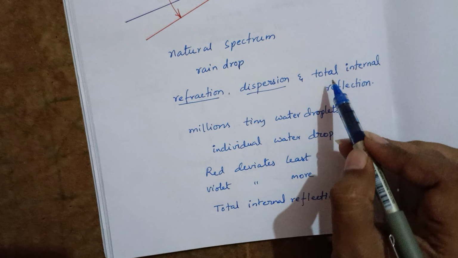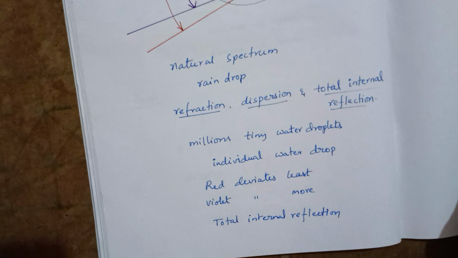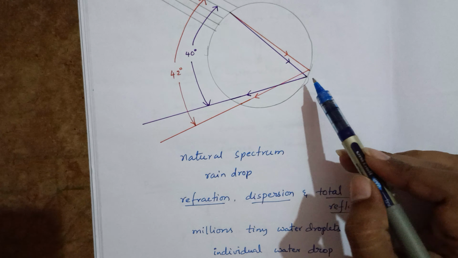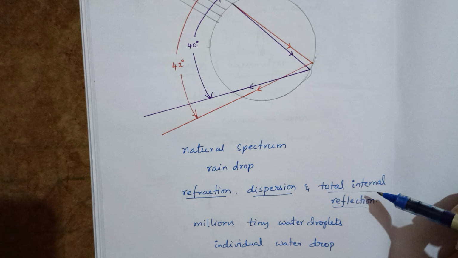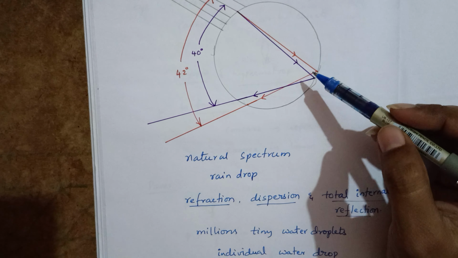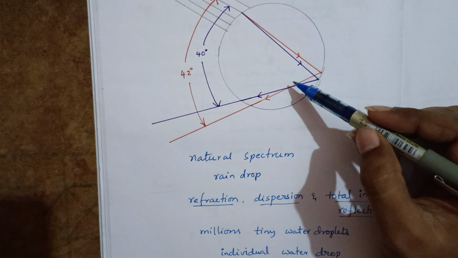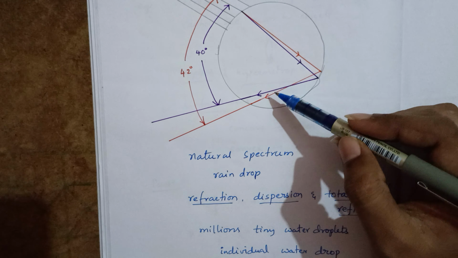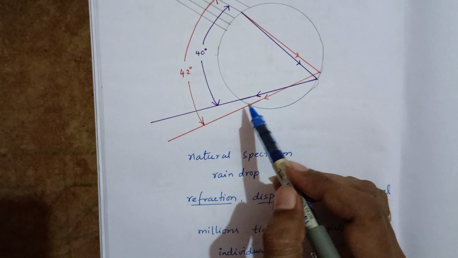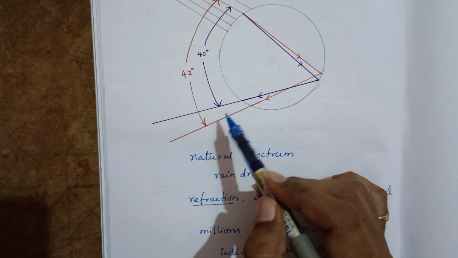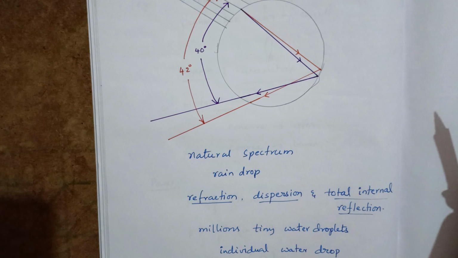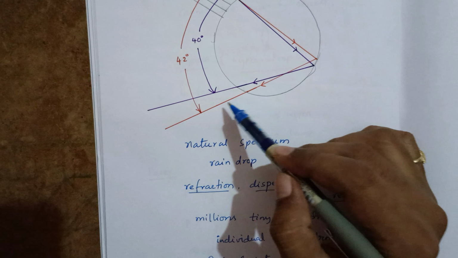In total internal reflection, the light ray follows the laws of reflection. When they again reach the first surface, they refract into the air.